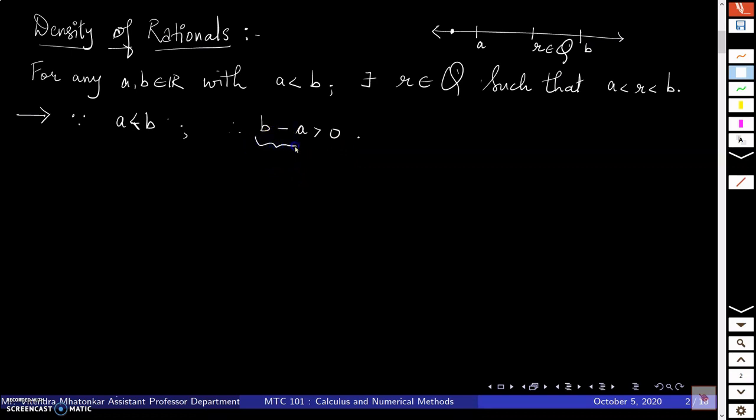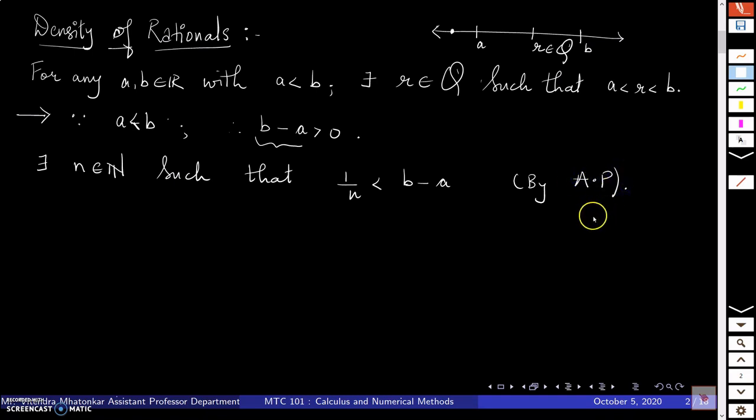So this b minus a is a positive real number, so corresponding to it, there exists a natural number n such that 1 upon n is strictly less than b minus a. This is coming by the Archimedean property. This is already done in the previous video lectures. If you have missed it, please go back and have a look at this property. So I have a natural number n such that 1 by n is strictly less than b minus a.